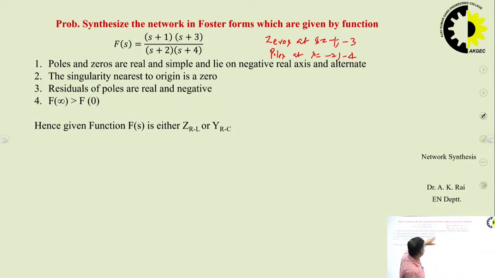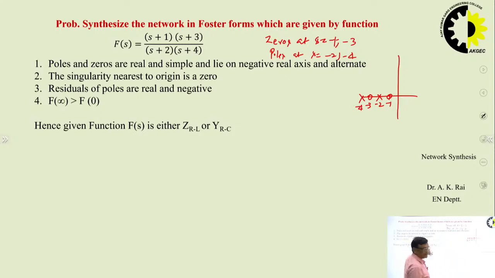Nearest to origin is a zero. If you draw it on the S plane, first here this is -1, so here you will get the zero, then the pole, zero, pole: -1, then we have -2, then -3, then -4. So, poles and zeros lie on the negative real axis and they alternate. And the singularity nearest to origin is a zero.